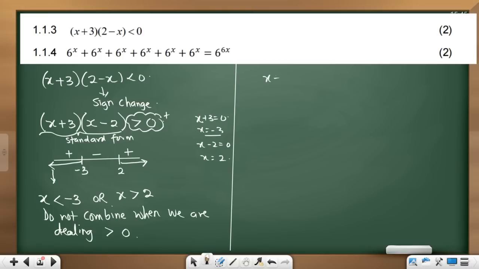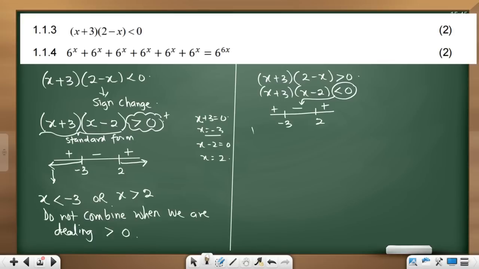If this question was like this, check this, less than 0, then I'll still do the same thing, right? X minus 2, now less than 0. Critical values would therefore be what? -3, 2, plus, negative, plus. Less than 0 means I am referring to negative.